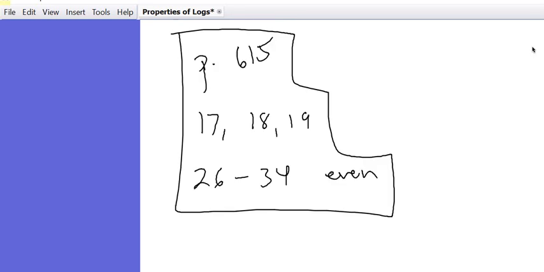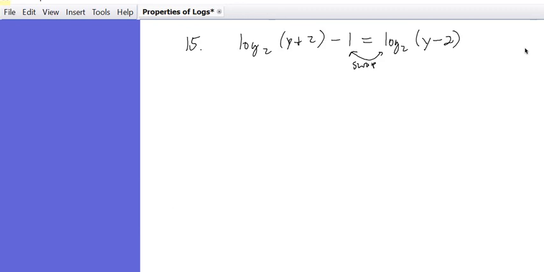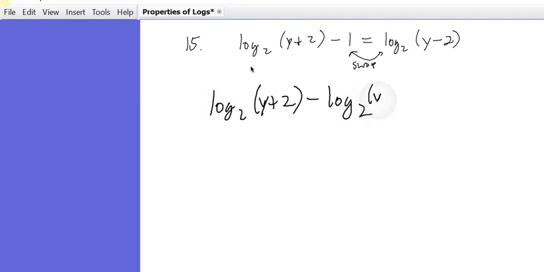You know what? I do need to do this example real quick also. All right. Number 15 from your book. Notice how I've got log base 2 on both sides, but there's also this 1. Well, I don't want the 1 on the same side as the logs. I want the 1 by itself, and I want the logs on the same side. So what I'm going to do is swap these two things. When I do that, I have log base 2 of y plus 2 minus log base 2 of y minus 2 equals 1.